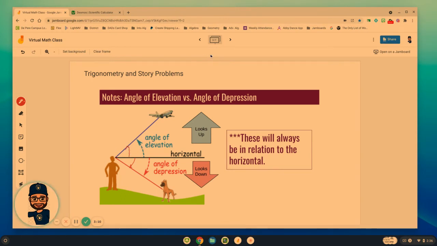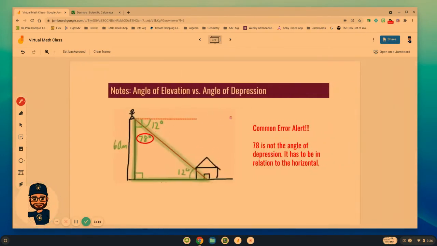That's called the elevation. What we do need to be careful of, though, is that the angle of depression often has a common error. If this person is standing up here on top of a building looking down at the house, their angle of depression is not 78 degrees. They are looking down at 12 degrees.